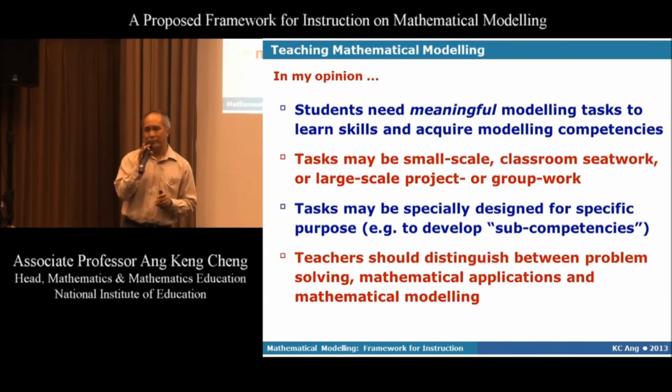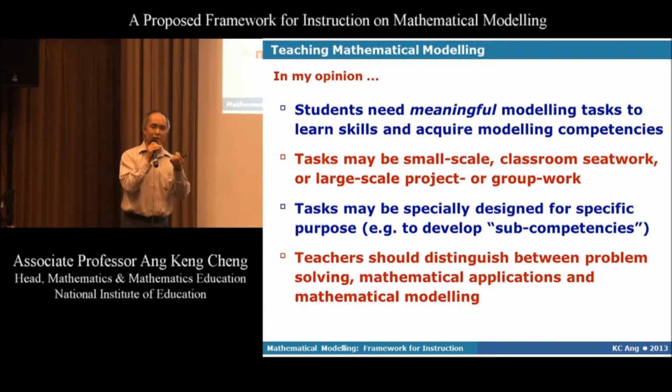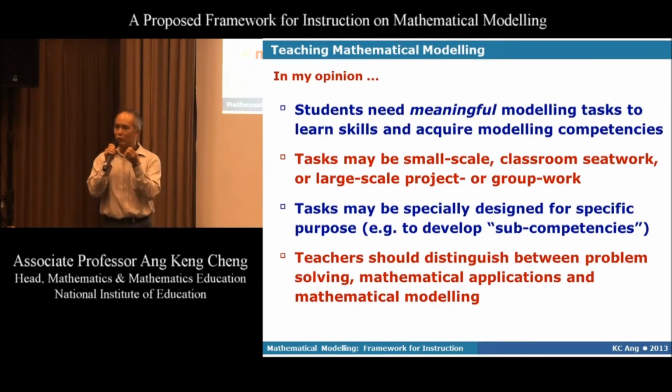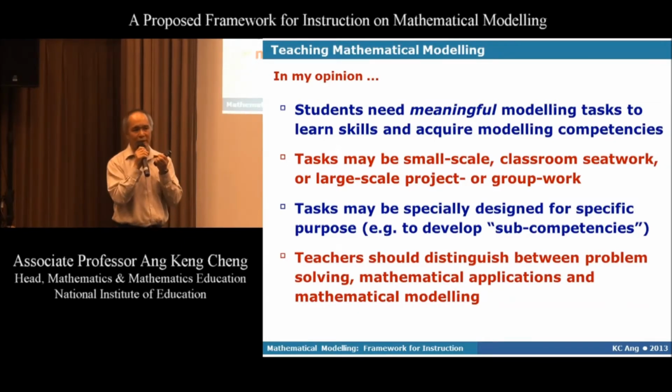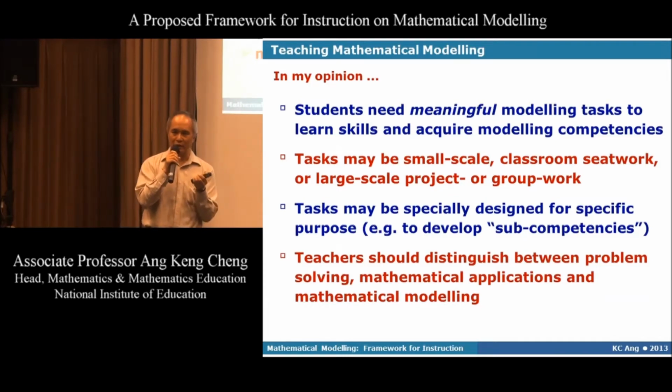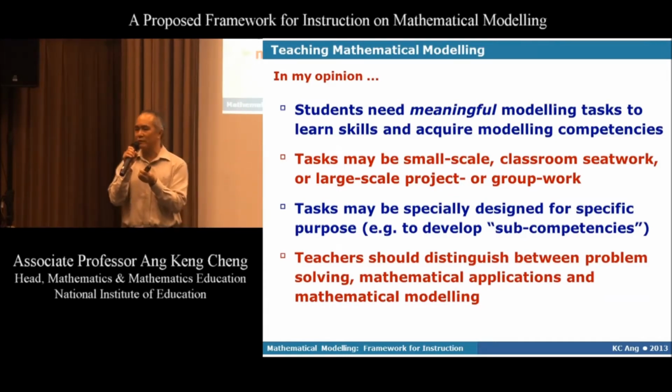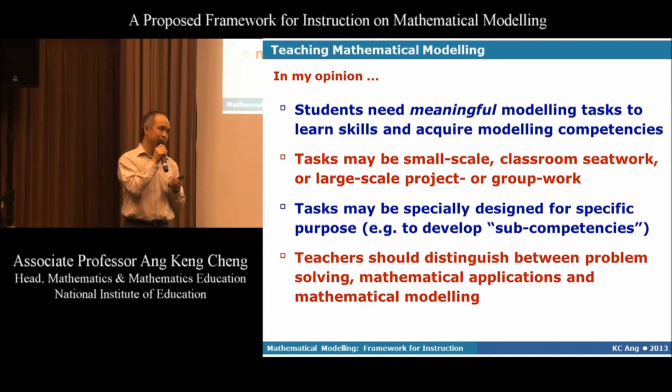Generally speaking, when we talk about application, we have learned the mathematics, and we want to apply it. So in mathematical application, we have this piece of mathematics, and we look for situations where we can apply it to solve some problems.